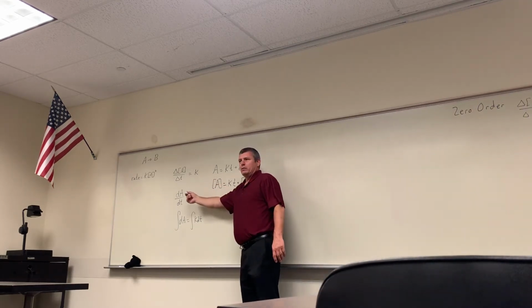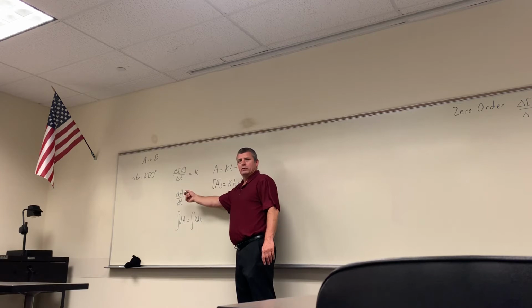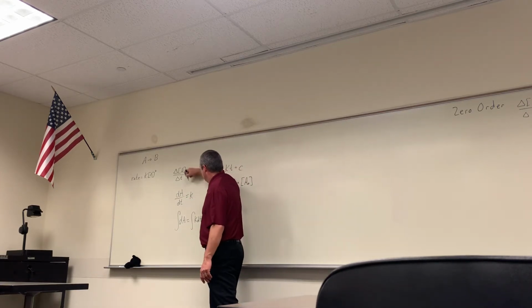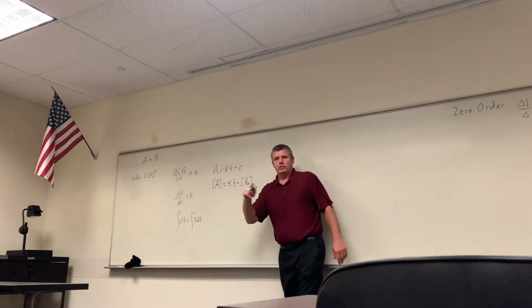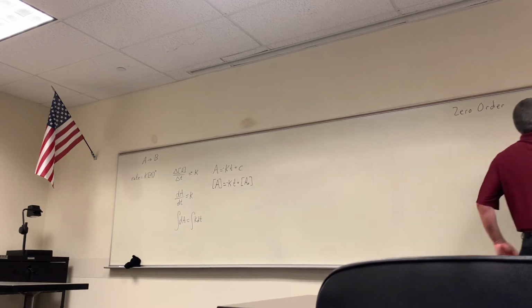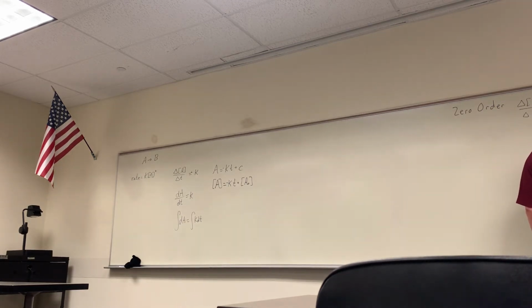A is going down, right? A is decreasing? Yes. Those are negatives, because A is decreasing over time. Negative k, so negative kt plus A naught.